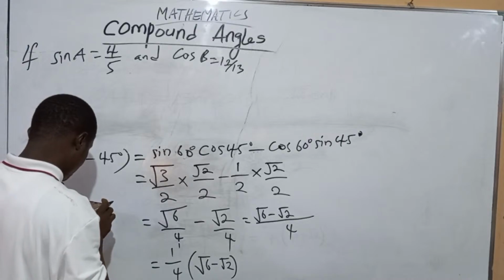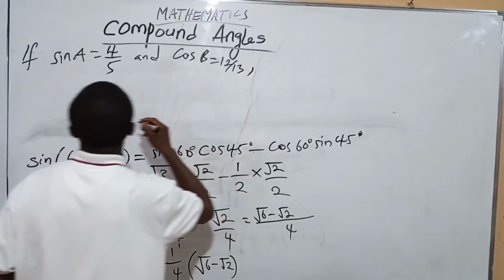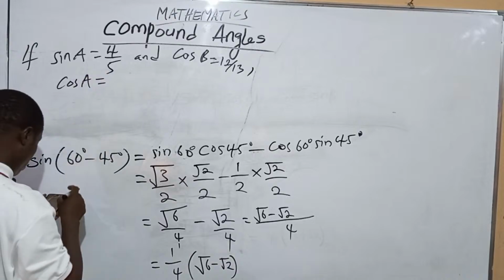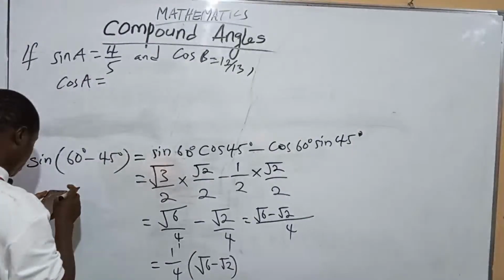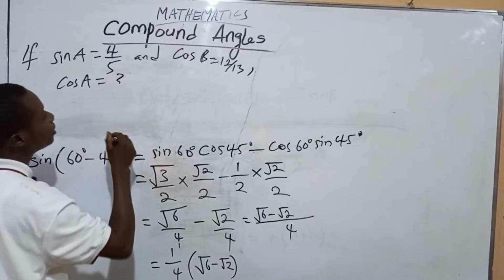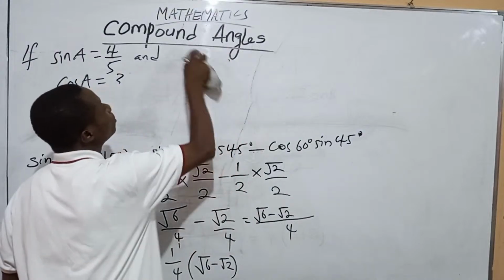We are also given cos A to be 3/5. Although this is the method they usually use, let me show you so that you understand better.